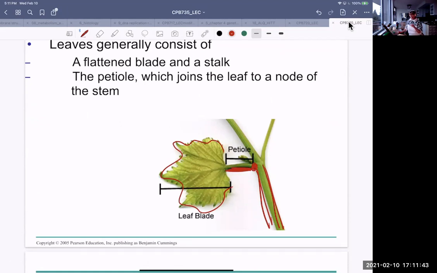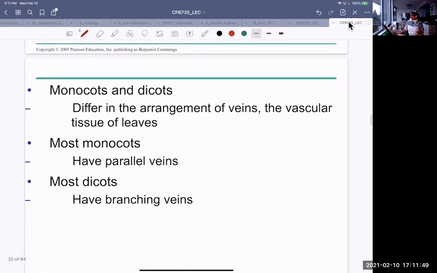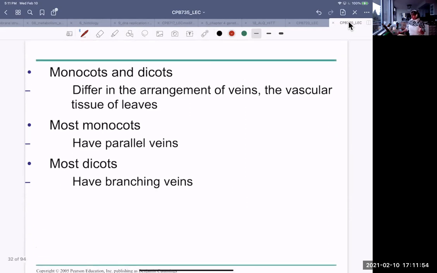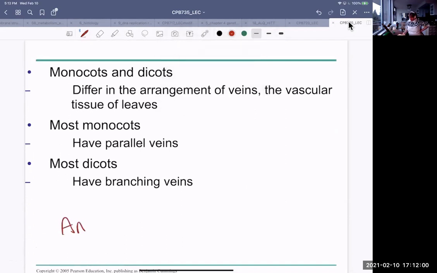So it's been selected by humans to be something that we like to eat. Interestingly, what we're looking at today is a type of plant known as an angiosperm. An angiosperm is a flowering plant.